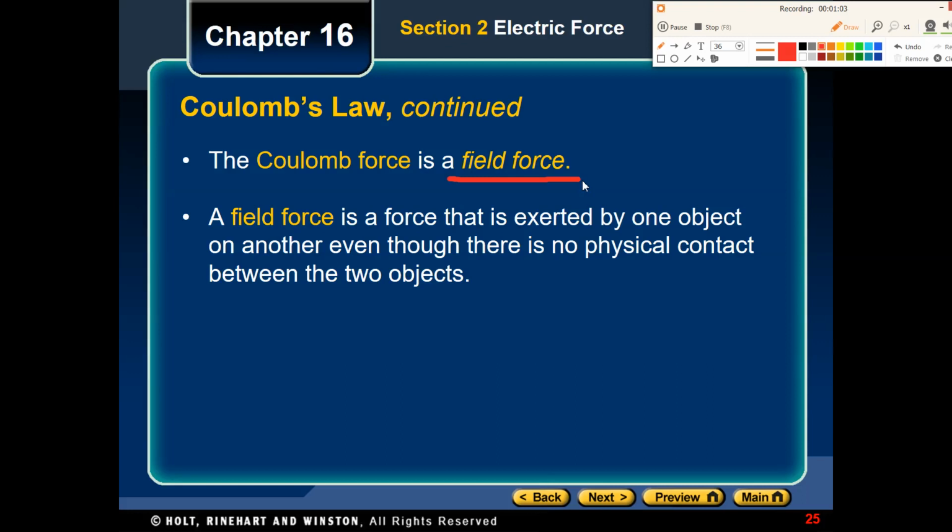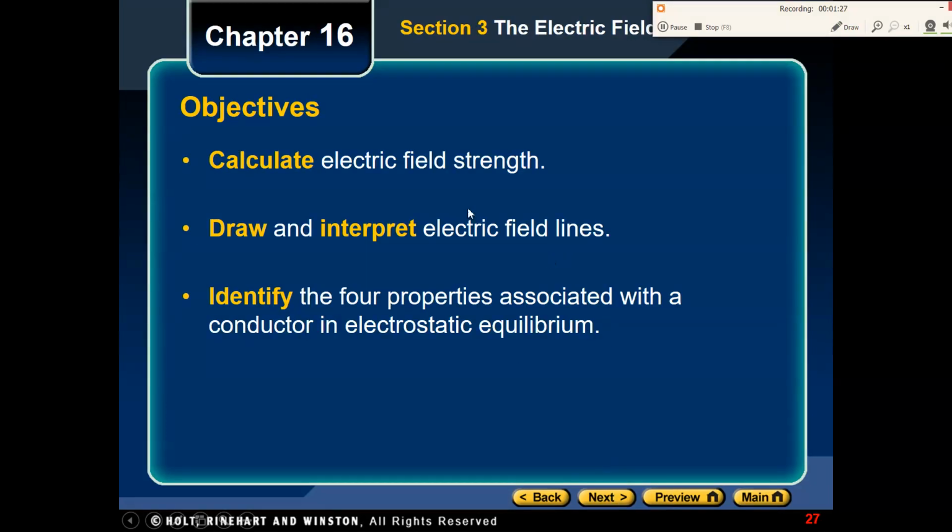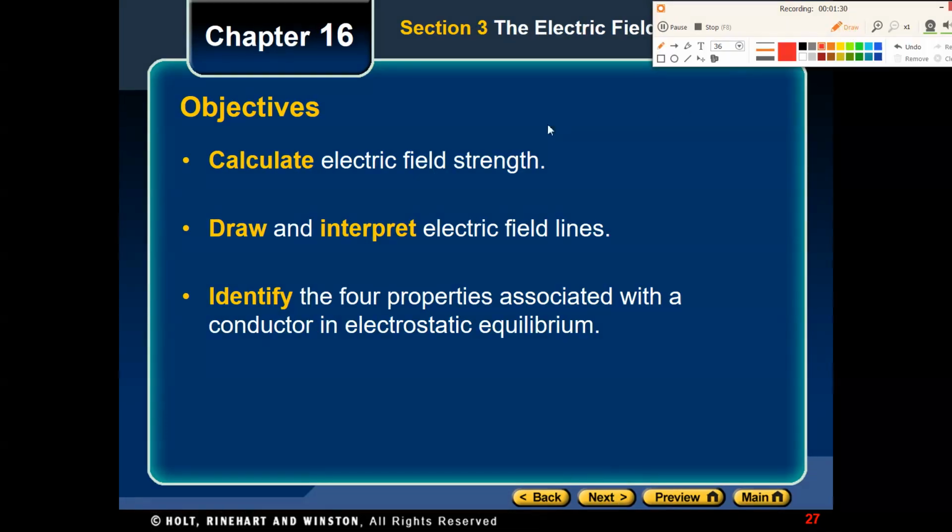For example, any object on Earth can experience gravity, doesn't matter whether the object is on Earth or an airplane flying around Earth, it is still in the gravitational field. The electric field has a similar property. As long as a charge is in an electric field, the charged particle is going to experience the electric force.